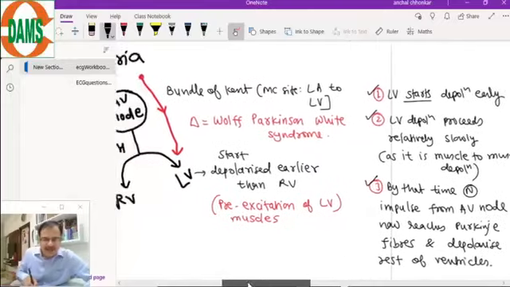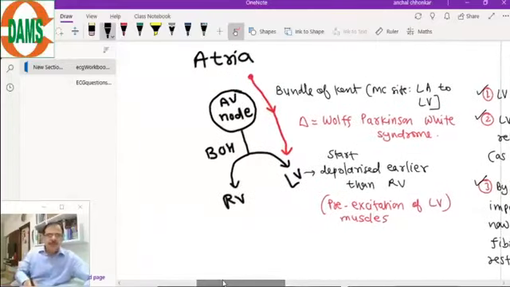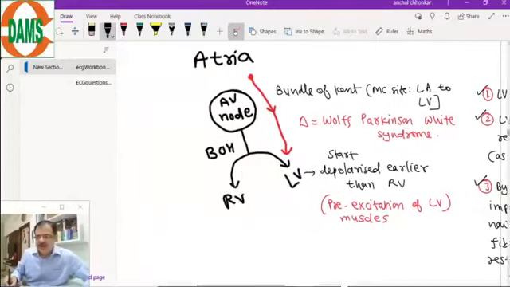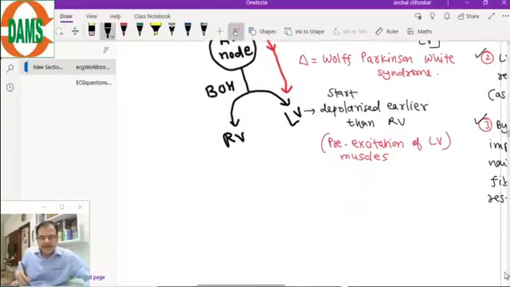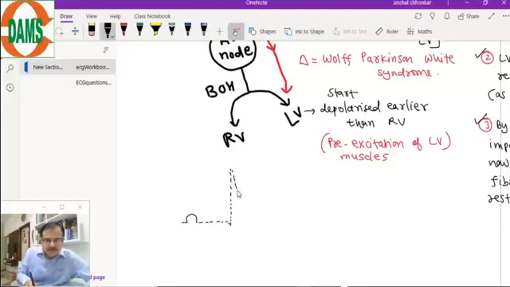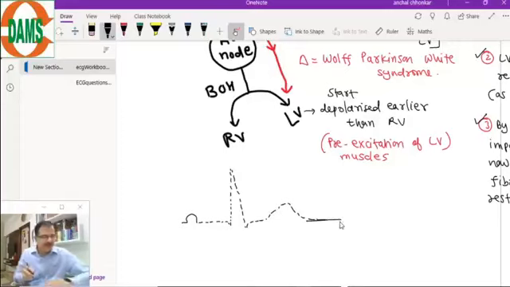So what will happen? Let's make the diagram now. So the diagram of the WPW syndrome: this is the P wave, this is a dotted line, this is the QRS complex, this is the T wave.